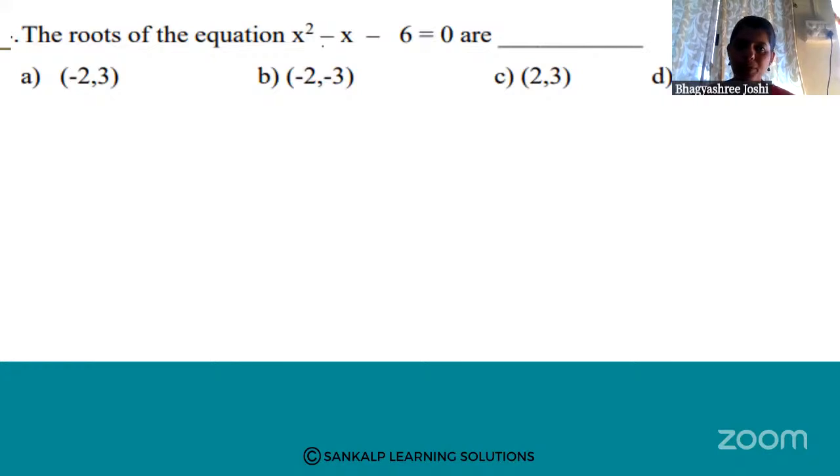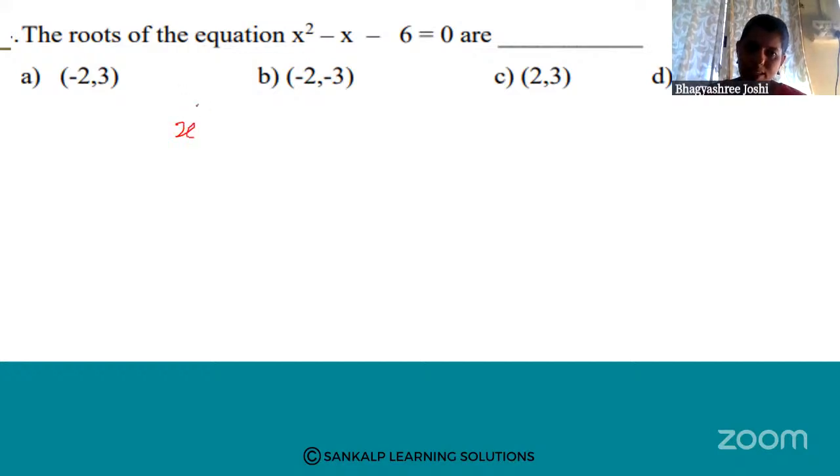The roots of the equation x square minus x minus 6 equal to 0 are... x square minus x minus 6 equal to 0. This is a quadratic equation. So we need to find out the roots of this quadratic equation. For that, we are going to use the factorization method. In the factorization method, you are going to multiply a into c.